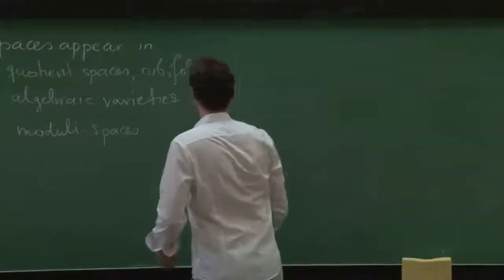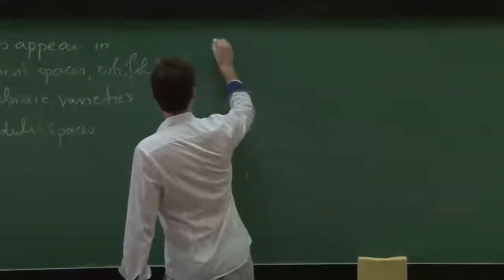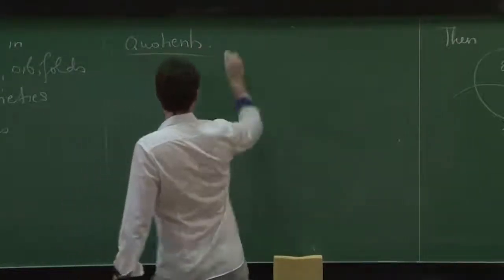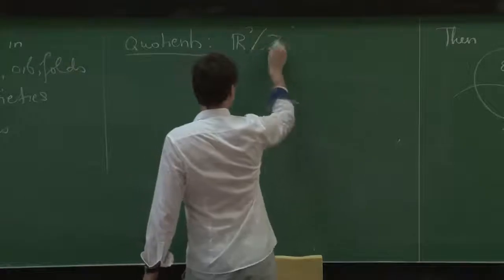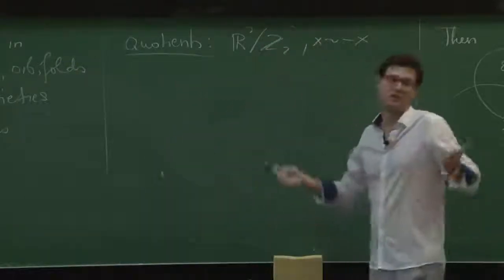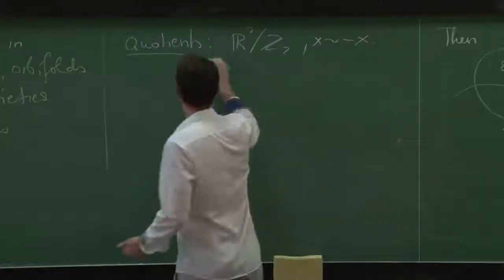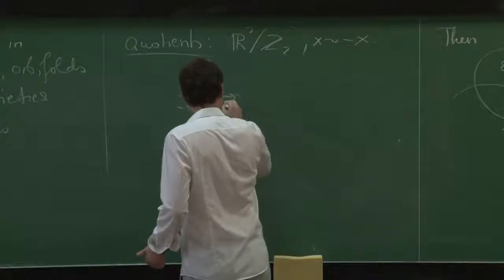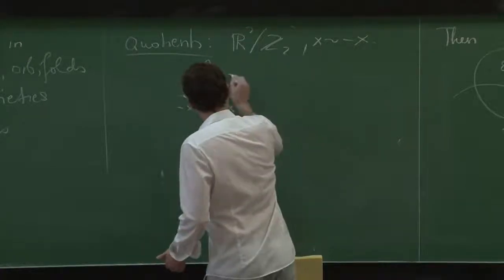So, let's say quotient spaces. I want to study R^2 mod Z_2, where I have the equivalence relation between x and minus x. So, of course, I want to identify this vector and this vector, with this being the fundamental domain.